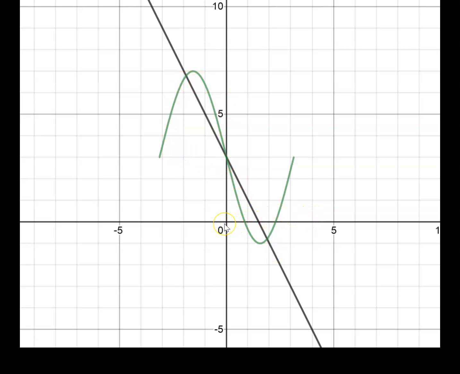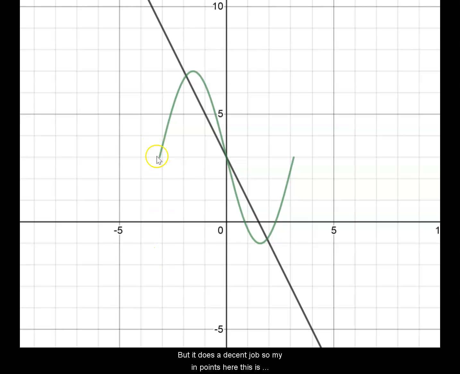I'm shifted up 3, and then I have a negative sine. Remember, sine generally goes this way. I have a negative sine, and it goes up by 4, right? So if this is 3, it has a max height of 7 and a minimum height of -1, because it has an amplitude of 4, right? So it does not approximate my line very well, but it does a decent job.